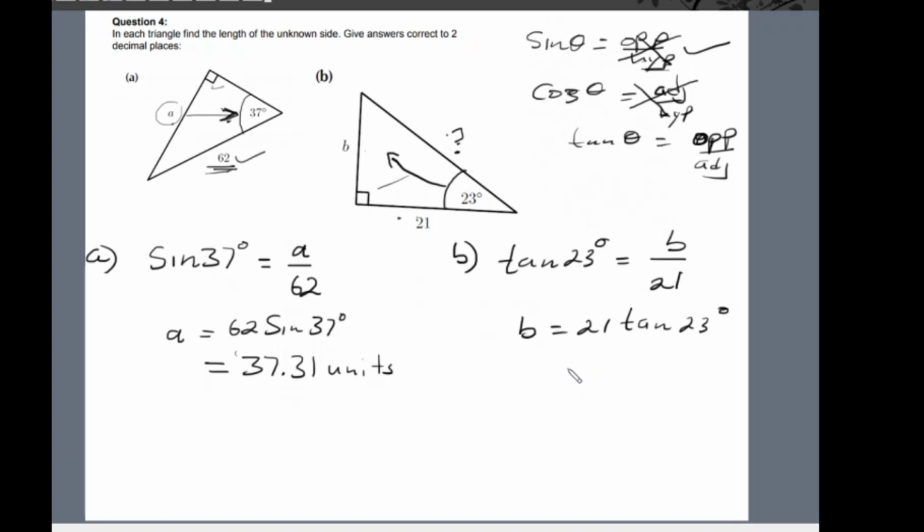Now punch it into the calculator, 21 times tan 23. This is equals to 8.91 units.